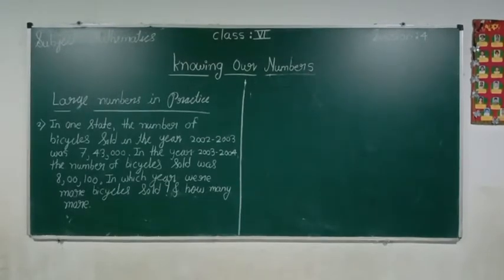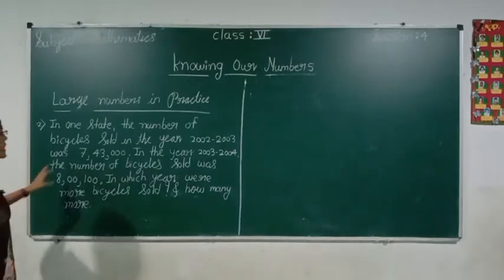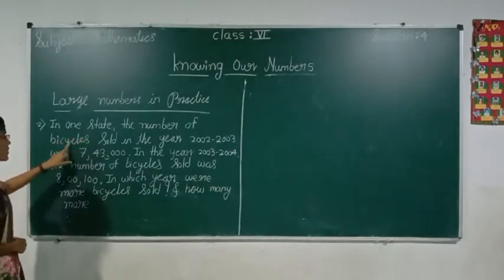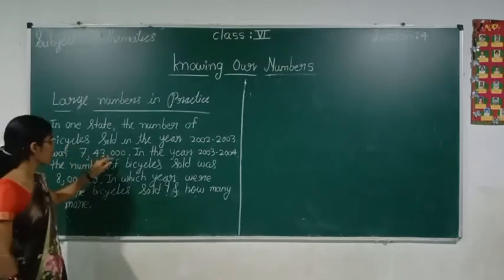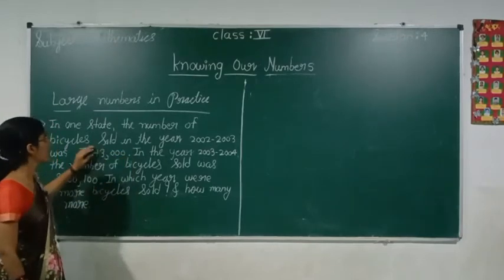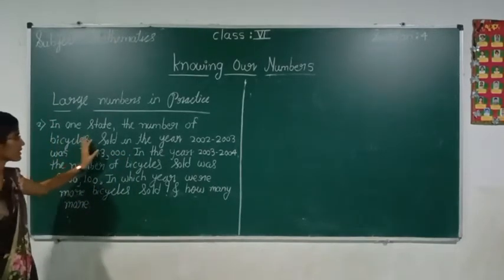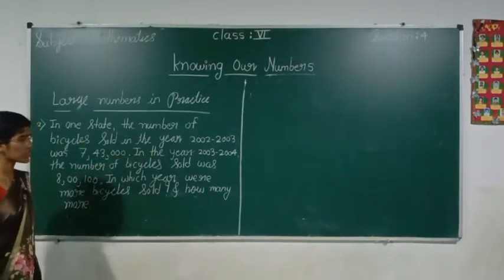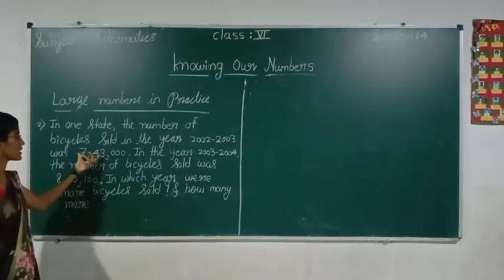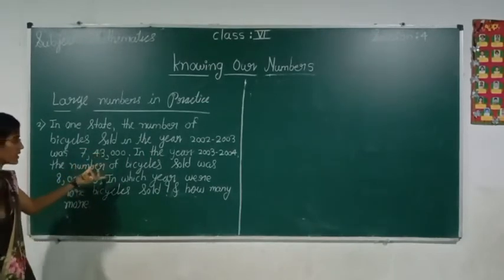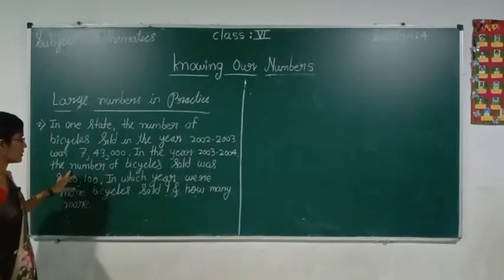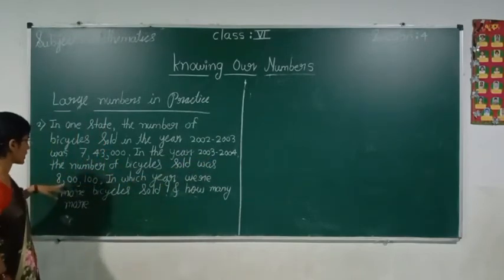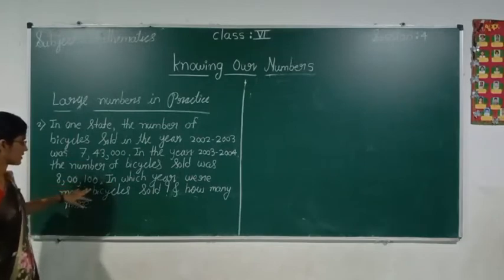Now see students, next question. In one state, the number of bicycles sold in the year 2002 to 2003 was 7,43,000. In the year 2003 to 2004, the number of bicycles sold was 8,100,000.